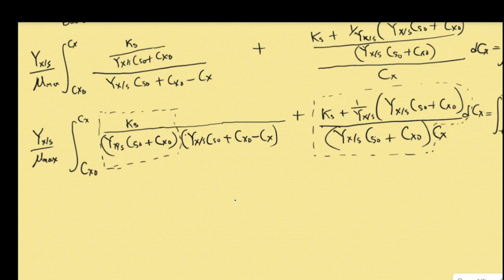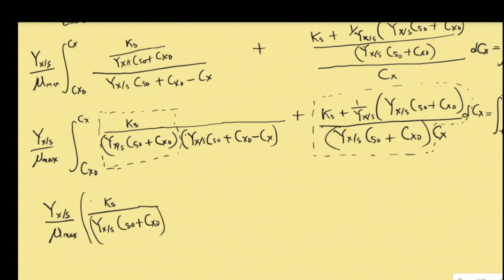Alright, so if we solve this integral, this is what we are going to get: Y_X/S over mu max, we now have Ks over Y_X/S (Cs naught plus Cx naught).